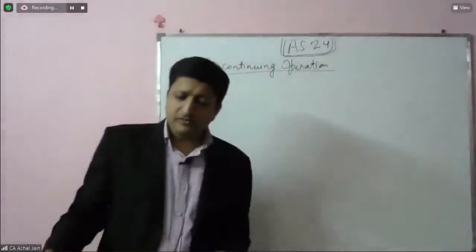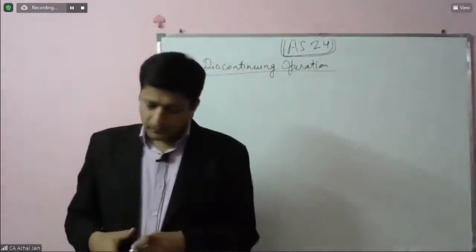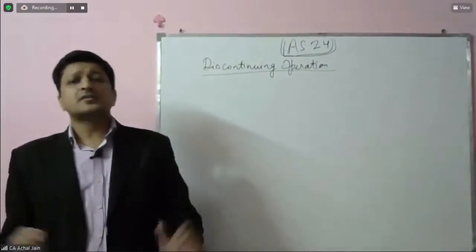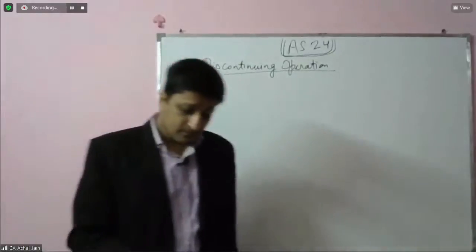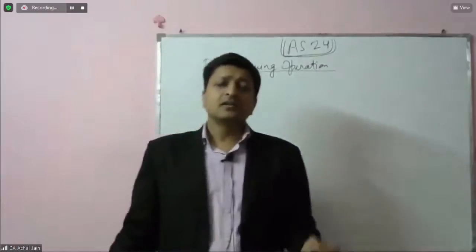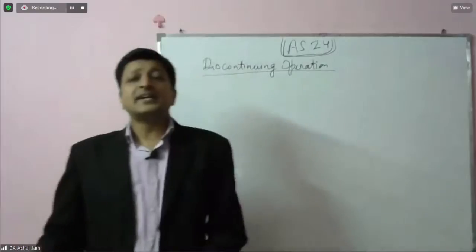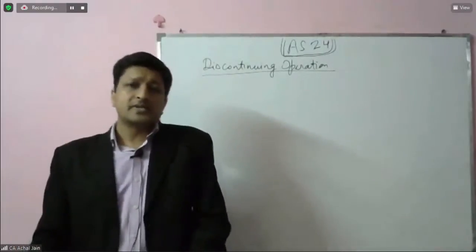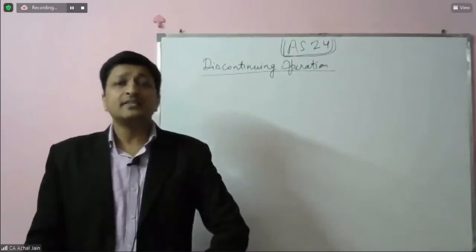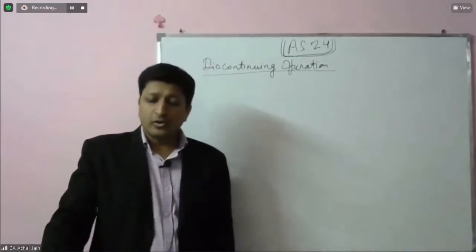And I'm sure we'll be able to wrap it up very quickly. This standard only deals with the disclosure requirements. Means it has got nothing to do with recognition, measurement, or presentation. This standard deals with the disclosures which are required to be given in the financial statements in case of a discontinuing operation.